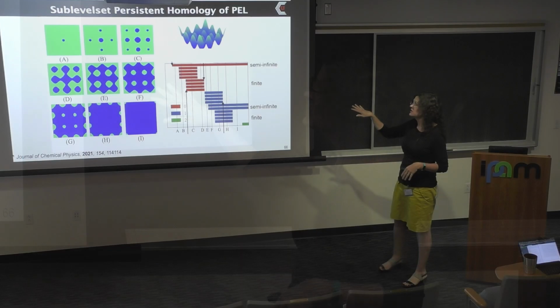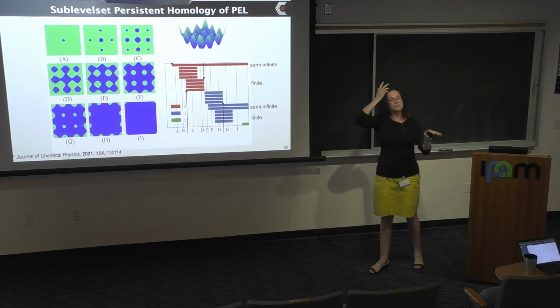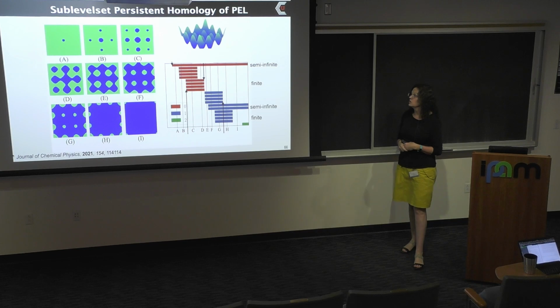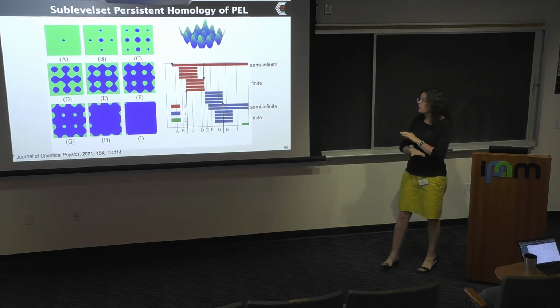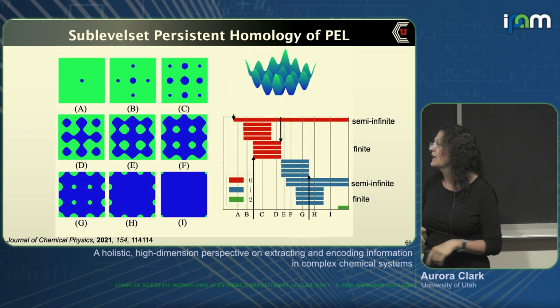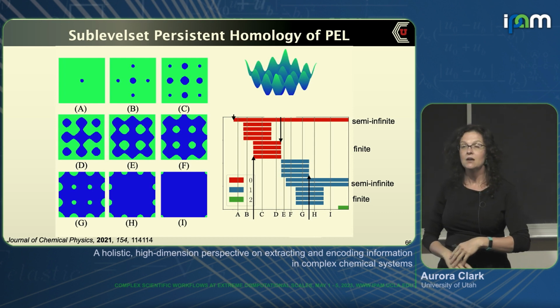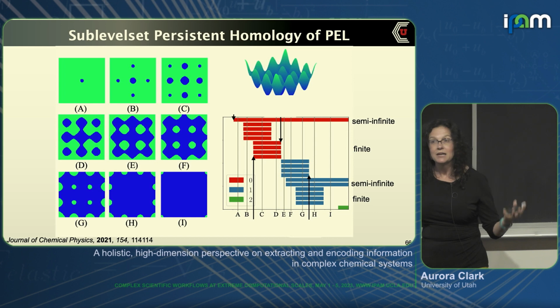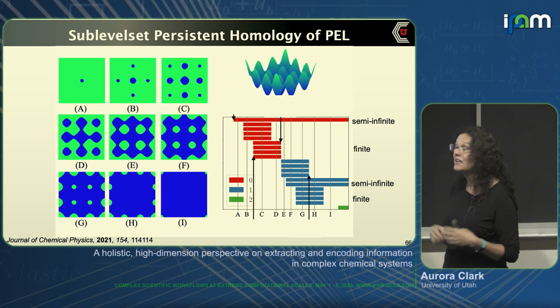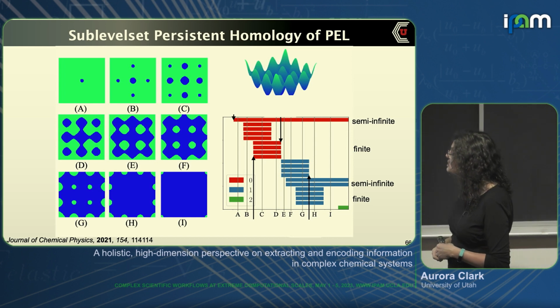And so for this purpose, we're going to use the same sublevelset persistent homology approach that I mentioned to you earlier. So now our function is an energy landscape, okay? And this is a really simple energy landscape, but it could be any dimension, any 3-dimensional energy landscape that you might think of in the context of atomic configuration space.